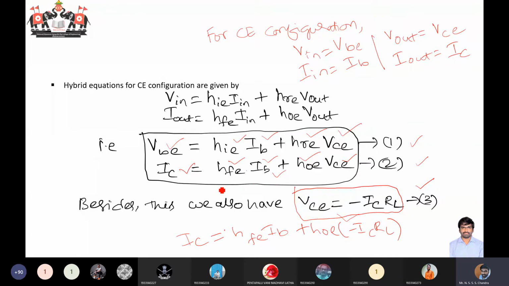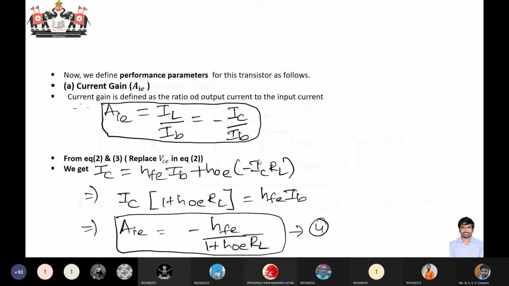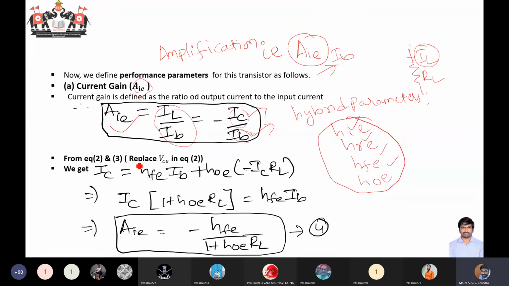From this, I'll take the IC terms to the left hand side. So it is IC into 1 plus HOE into RL. The minus HOE RL, when it comes to the left hand side, becomes plus. 1 plus HOE into RL is equal to HFE into IB.